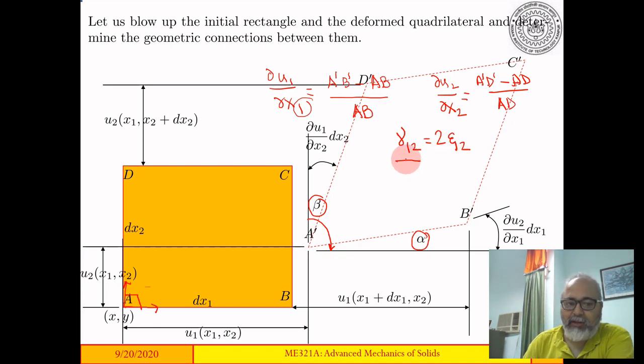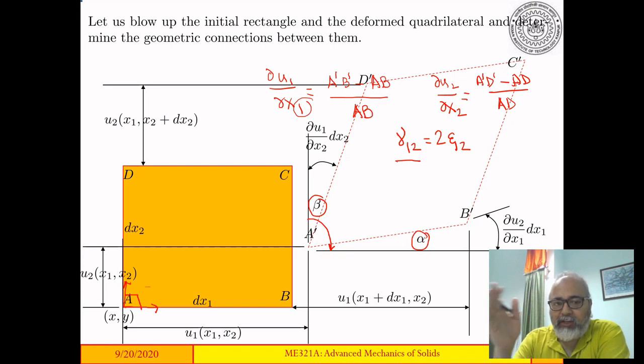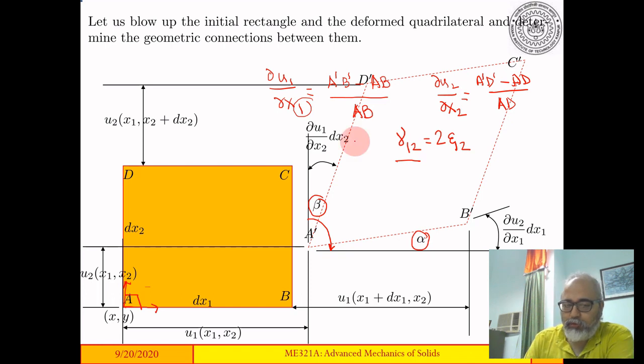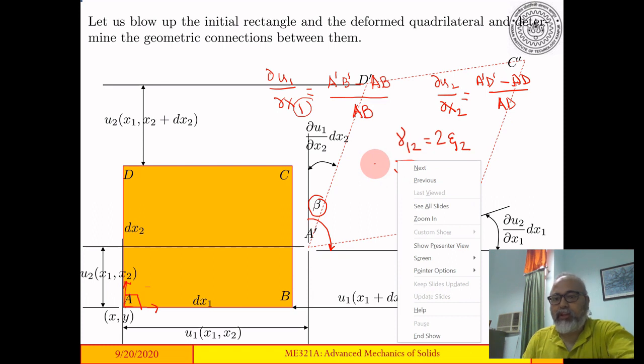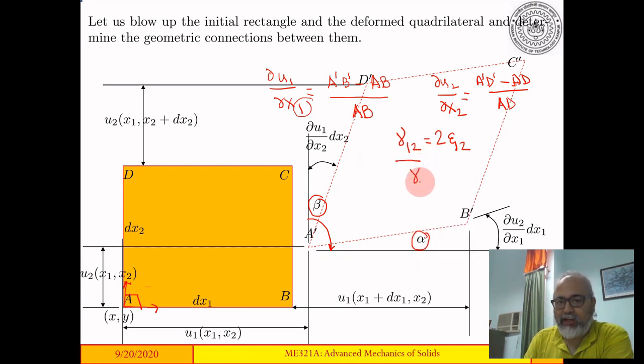Similarly, any other shear strain would give you the change in angle, that is 90 degrees, between 2 lines that are oriented along x1 and x2, or along x2 and x3, or along x3 and x1, to give you the engineering strain components gamma 13 and gamma 23. Okay, so this is the physical significance of the small strain tensor.